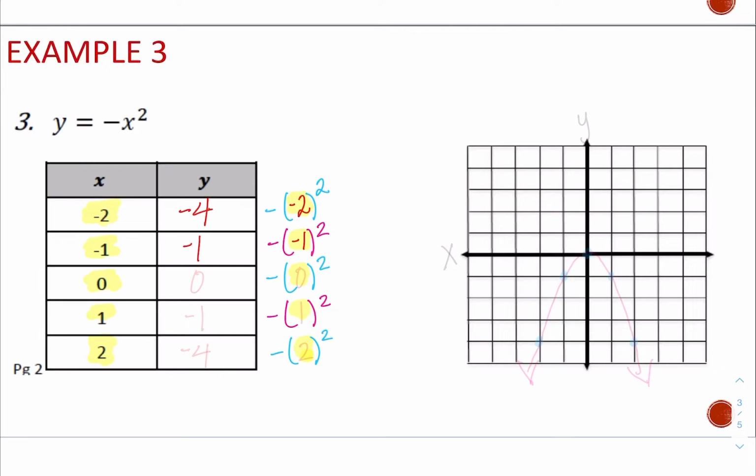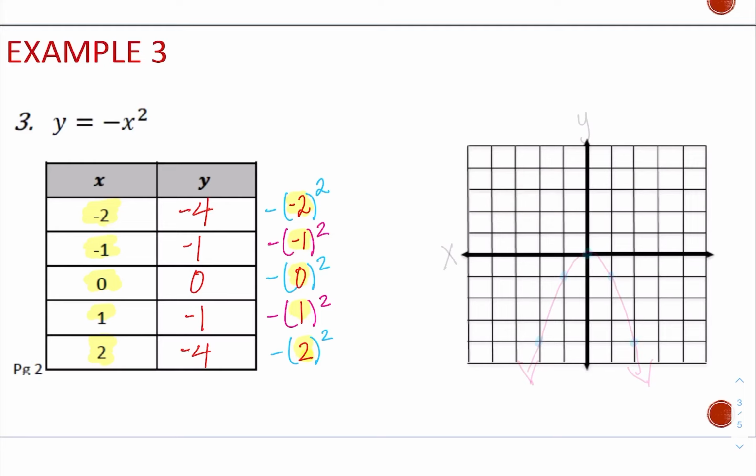When you input 0, you should get out 0. When you input +1, you should get out -1. And when you input +2, you should get out -4. Looking at these y values, hopefully we can see that the values are symmetric about this center point of 0.